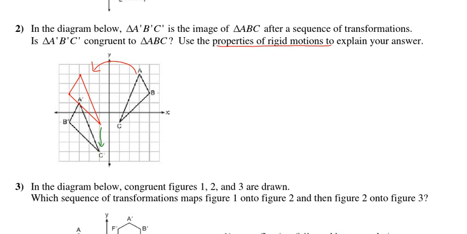So we are now going to answer the question and explain using the properties of rigid motions. So first we're going to say, yes, triangle ABC is congruent to triangle A prime, B prime, C prime. So let's write that. Triangle A prime, B prime, C prime is congruent to triangle ABC.